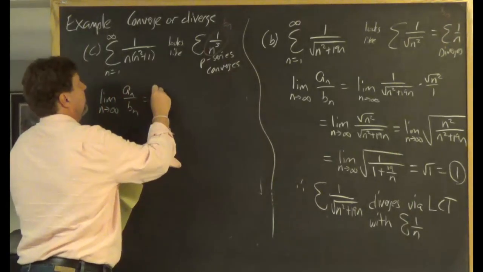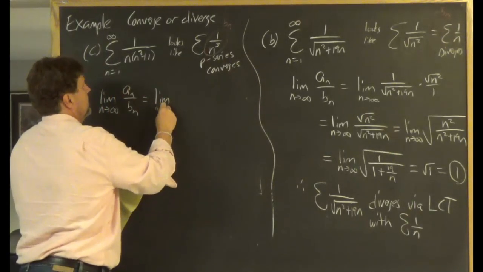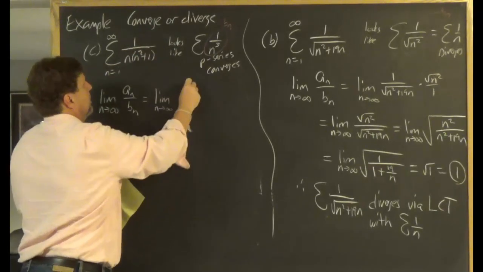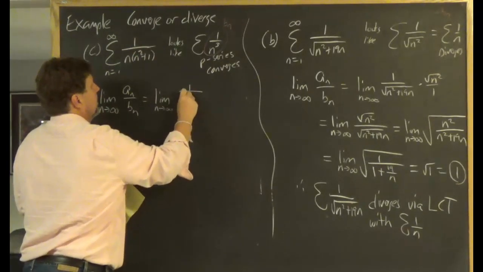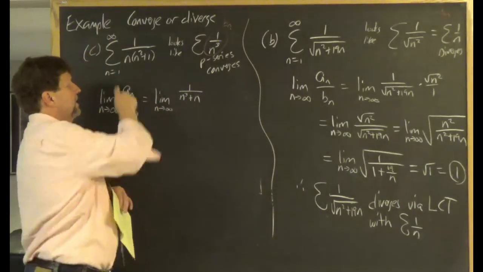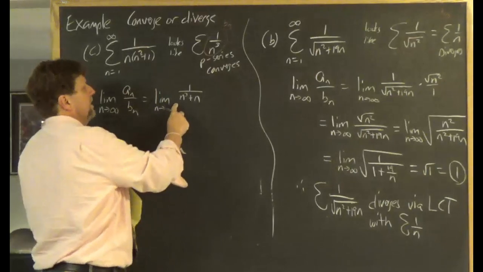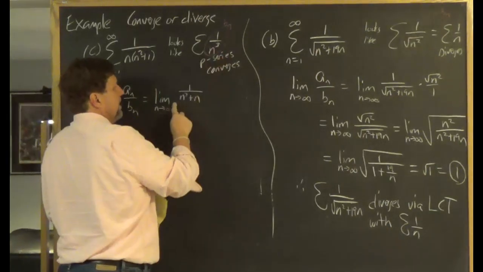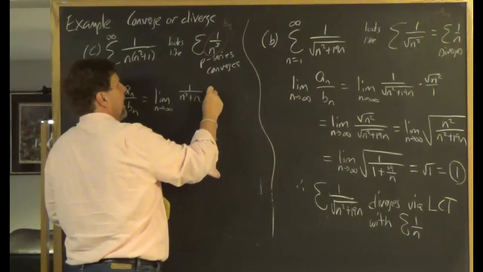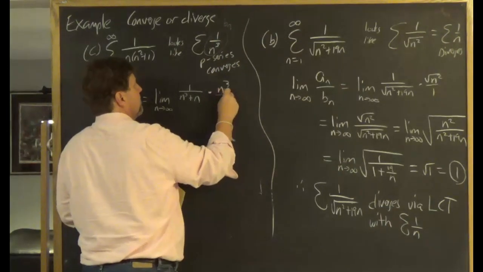So what do we have? We have the limit as n goes to infinity of a sub n, 1 over n cubed plus n, which I decided to multiply out, divided by b sub n, so divided by 1 over n cubed. I'm going to write that as multiplying by the reciprocal.